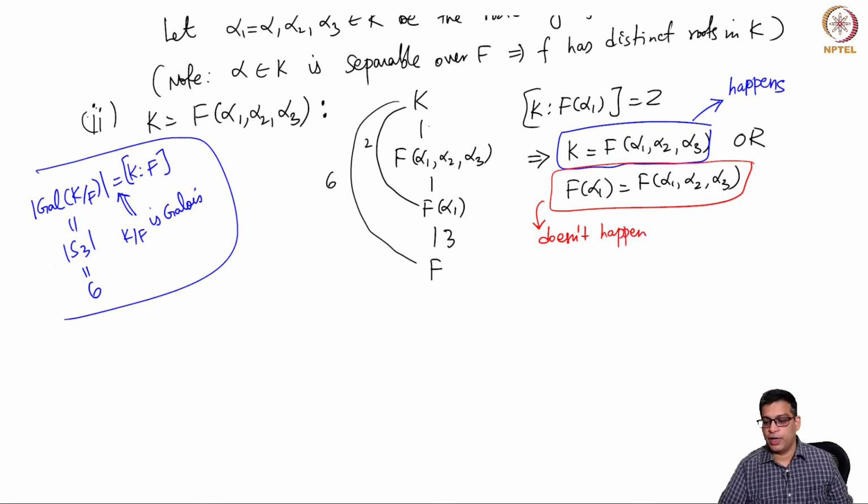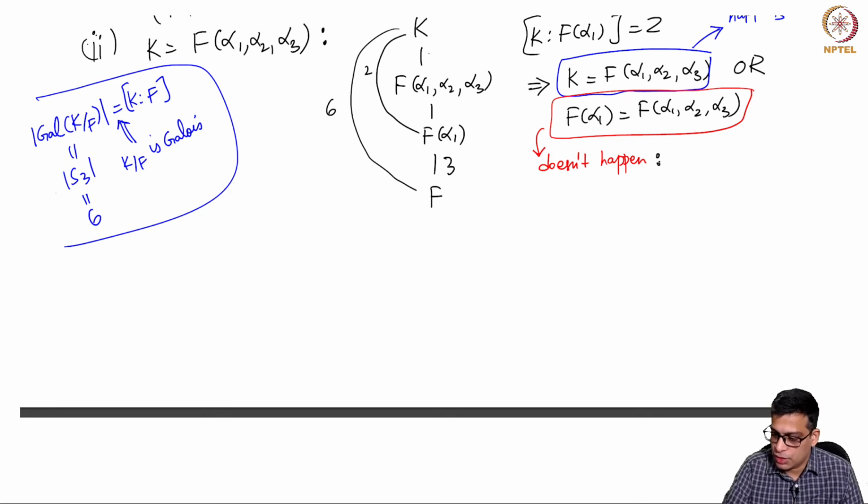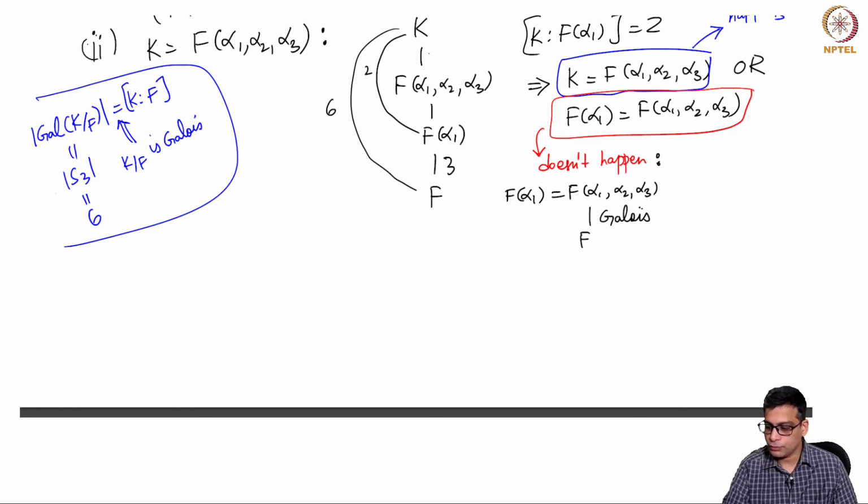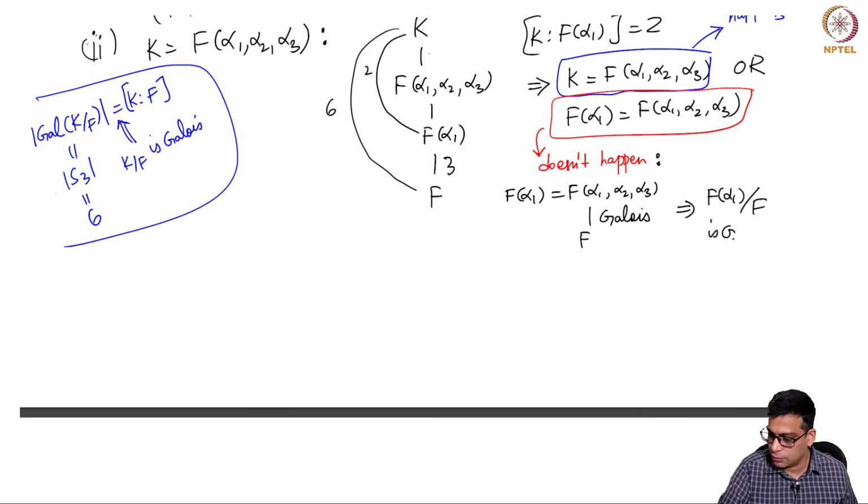Think about it. Why doesn't it happen? Because if F(alpha 1) equals F(alpha 1, alpha 2, alpha 3), then this of course is Galois, being the splitting field of a separable polynomial. So this implies F(alpha 1) over F is Galois.